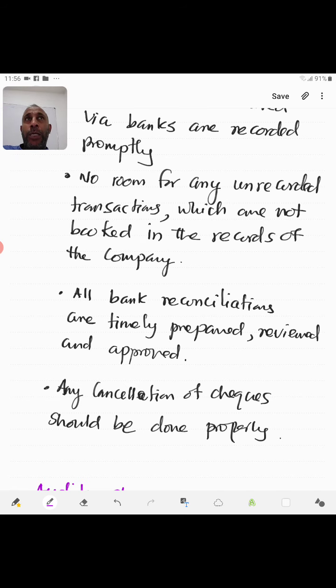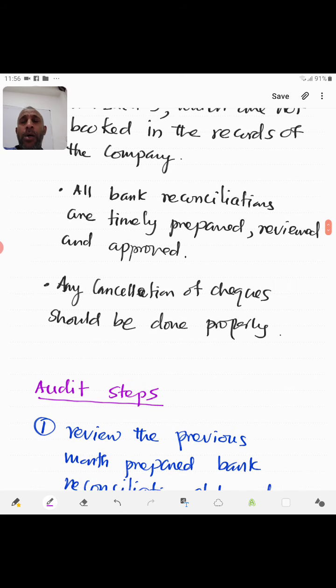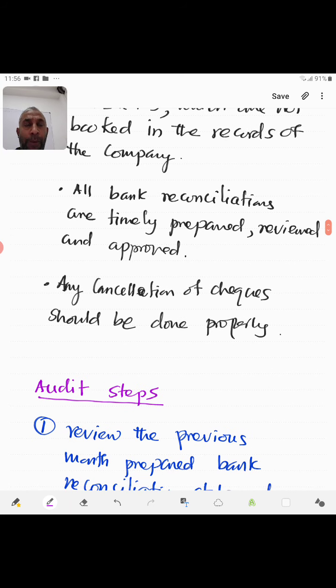So we need to make sure such omissions or unrecorded transactions do not exist. Also, all bank reconciliation statements are timely prepared, reviewed and approved. Any cancellation of checks should be done properly. When you have unpresented checks that last for more than 6 months, such checks must be cancelled. Otherwise, that is also part of the error that will prevail in the bank reconciliation statement. So these are some of the objectives.